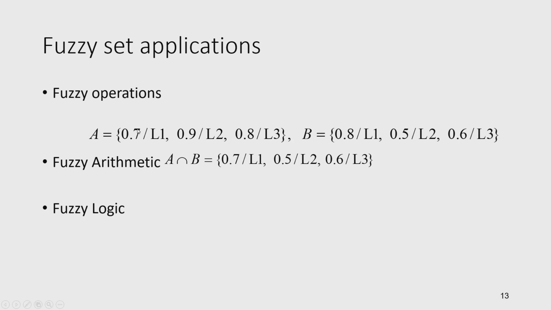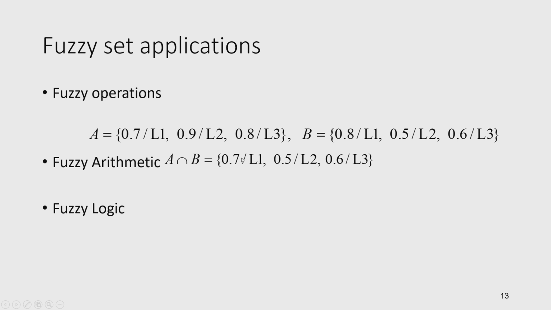L1 has a 0.7 membership grade, meaning it is more likely to be a member of that set. L2 is even more likely, 0.9, and L3 is in between. Similarly, B has membership grades 0.8, 0.5, and 0.6. Then you can do some fuzzy arithmetic also, like A cap B, that means A intersection B. It takes the minimum membership grade: L1 is 0.7 in A and 0.8 in B.